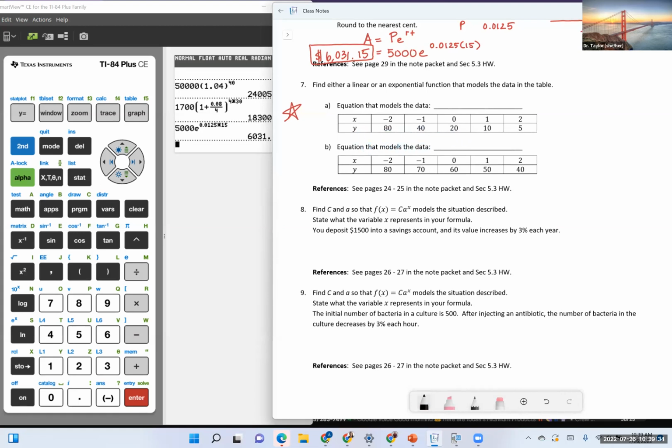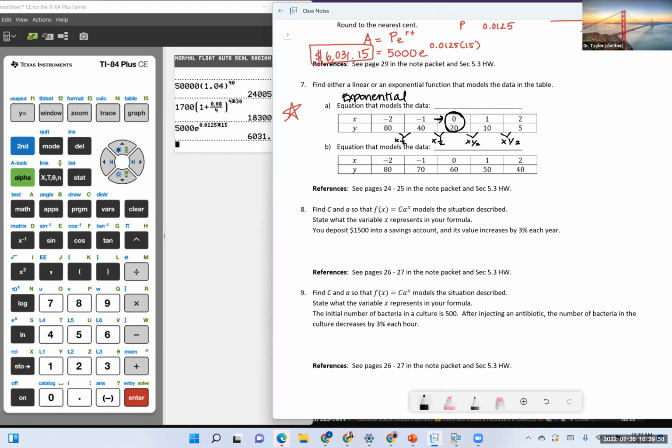Therefore, this is an exponential function. Because the change here is a multiplication and it's times 1/2. This is getting smaller by half every time.